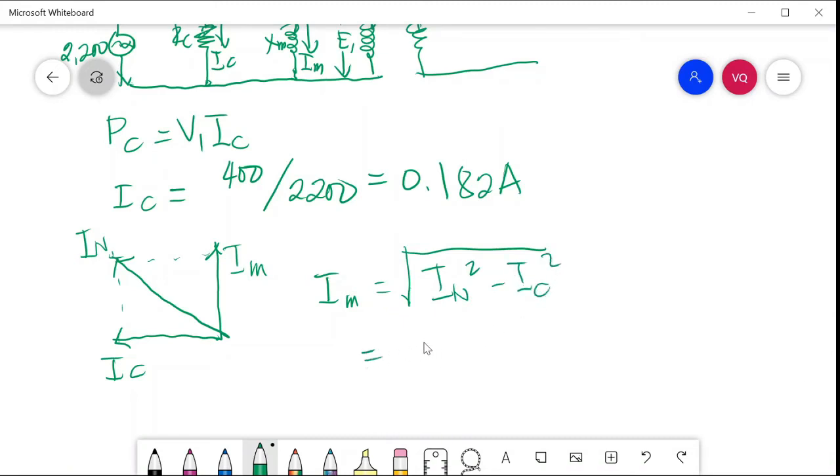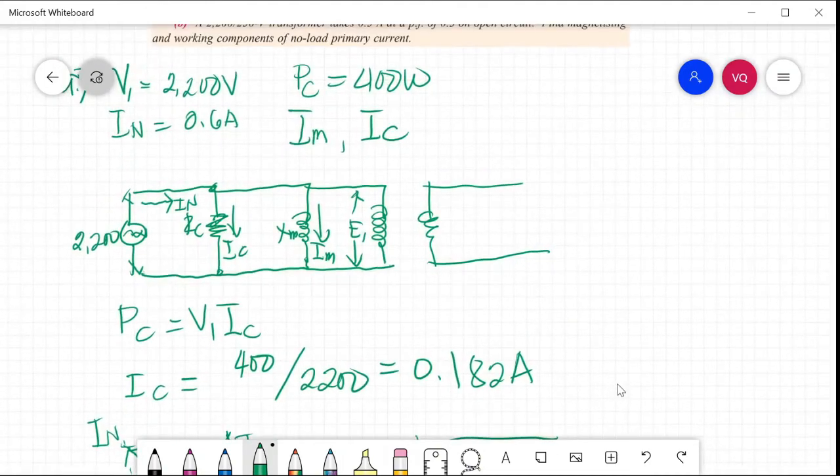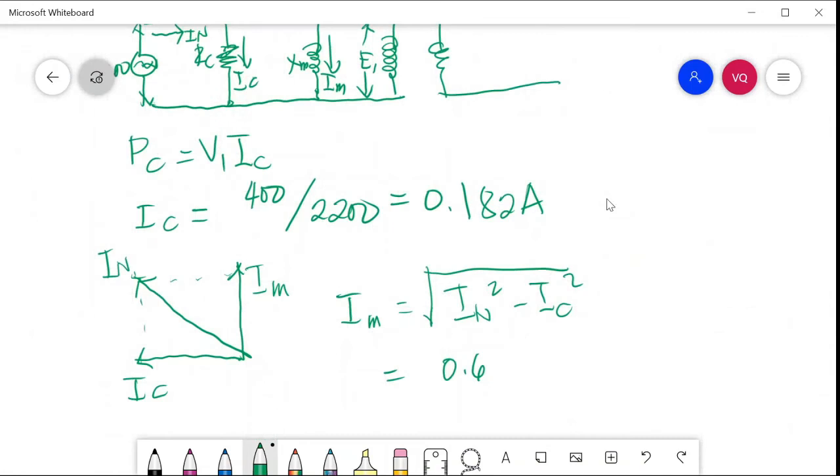So IN is 0.6 ampere squared minus 0.182 squared, square root.